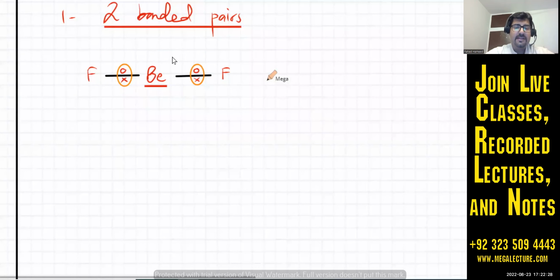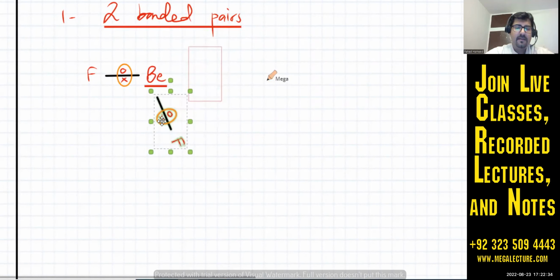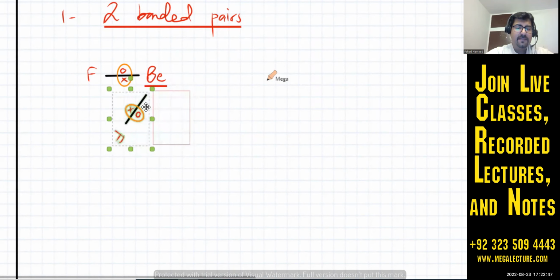But there are different scenarios. It could also be that this fluorine over here is bonded like this, right? But this pair of electrons and this pair of electrons want to be as far away from each other as possible. If both bonds are very close to each other, like this, then obviously there's going to be too much repulsion.